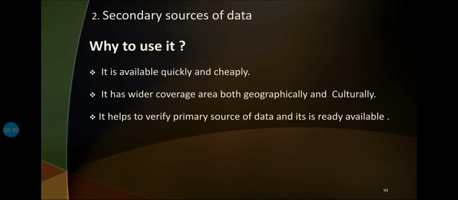So when you refer to the work done by hundreds of people, you get exposure to different ideas and different ways of conducting it, and you get the idea of how successfully you can carry out your project as others did. You can even find the gap: what others did and what is yet remaining that is required but not done till now. It helps to verify the primary source of data and it is readily available.